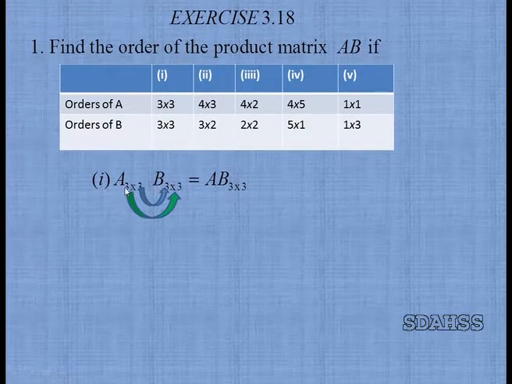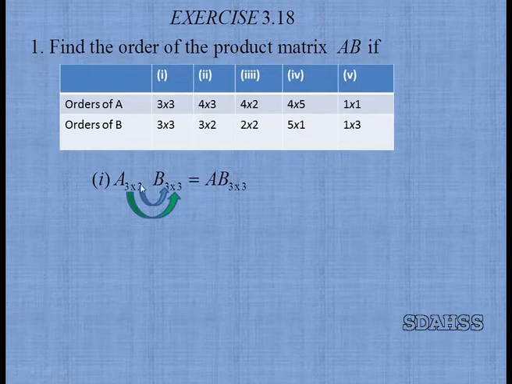Consider the first sum. Consider the multiplication of 3 cross 3 and 3 cross 3. Order of left hand matrix A is 3 cross 3 and order of right hand matrix B is 3 cross 3.